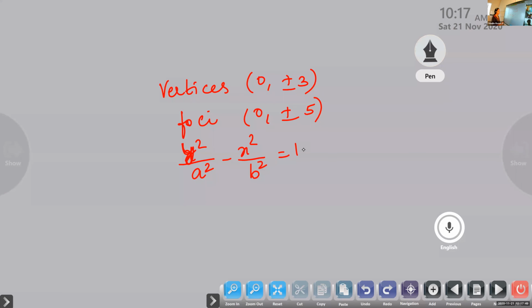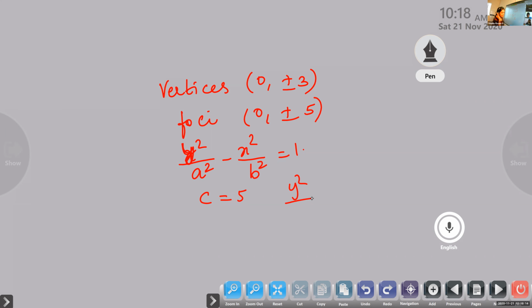Yes, what is the value of C? Aishwarya, what's the value of C? C is 5. So what's the equation? Ma'am, y square by 9 minus x square by 16.